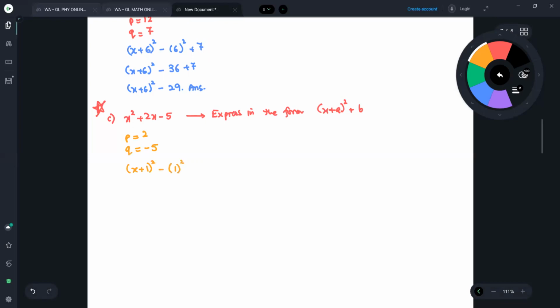Very good. And then minus 5. Because plus minus 5 is going to be minus 5. Yes or no, Fatma? Yes. I want all of you to copy down this question. x plus 1 whole square minus 1 minus 5. Yes, Fatma, what could be the answer? x plus 1 whole square minus 6. Very good. So all of you, do you understand this?